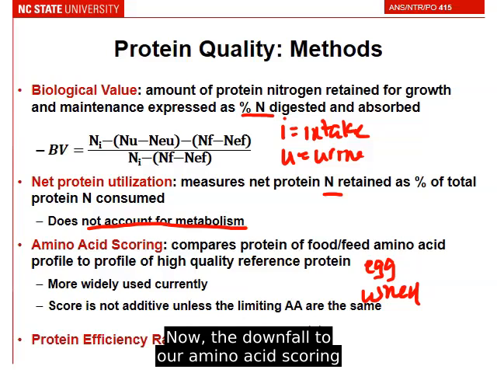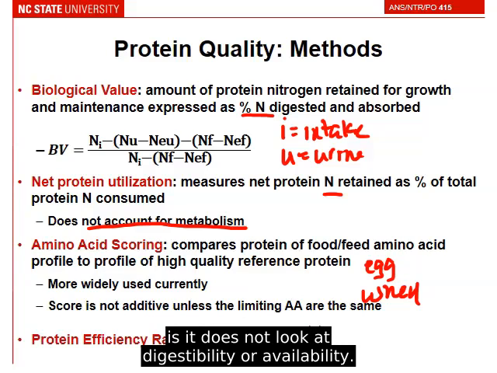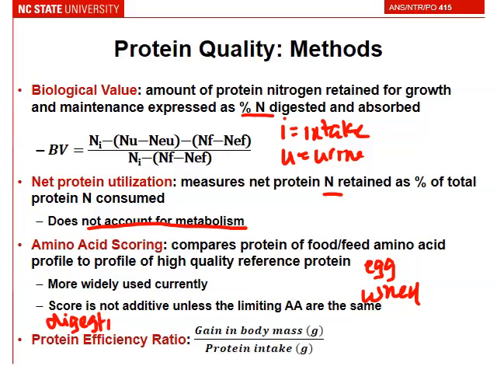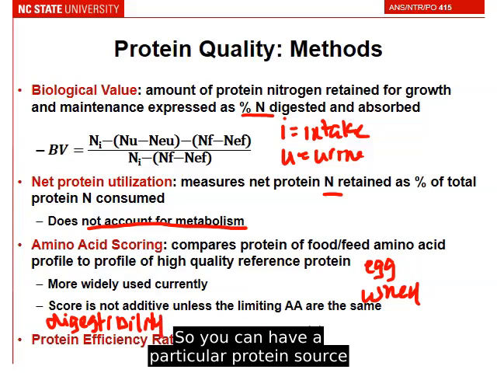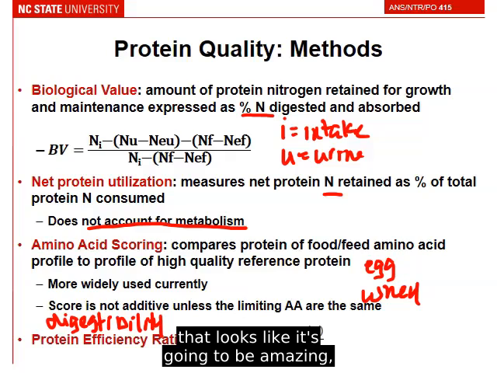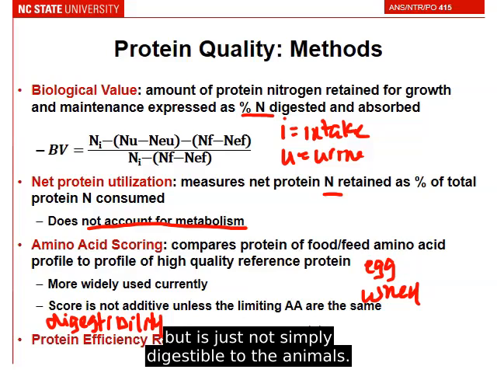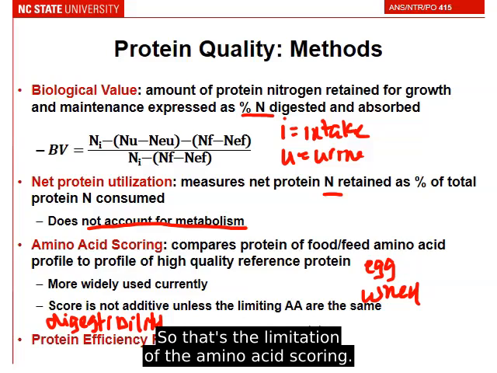Now, the downfall to our amino acid scoring, it does not look at digestibility or availability. So you can have a particular protein source that looks like it's going to be amazing, but it's just not simply digestible to the animal. So that's the limitation of the amino acid scoring.